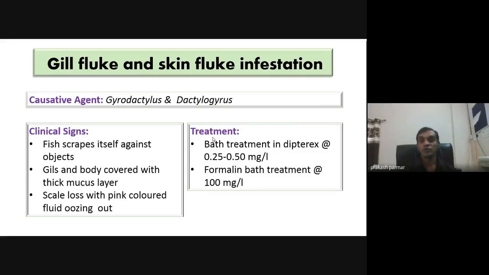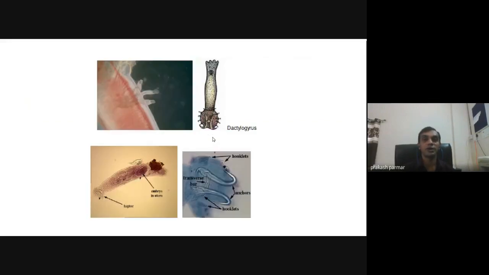Here the common treatment is Dipterex, and a formalin bath can be used for removing Gyrodactylus and Dactylogyrus from the environment. These are some photographs of Dactylogyrus, and Gyrodactylus has hooklets, through which the hooks can attach to surfaces.